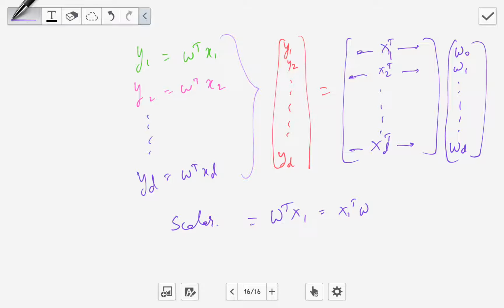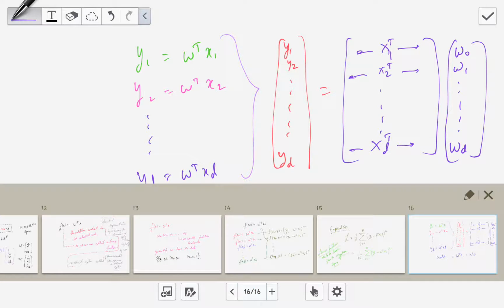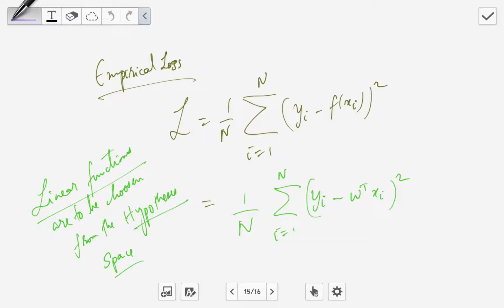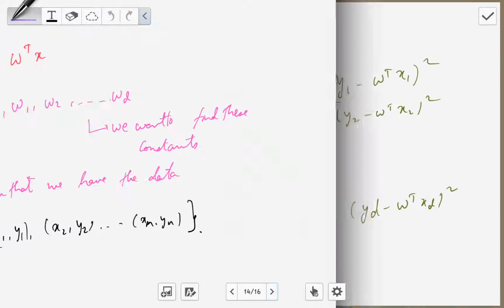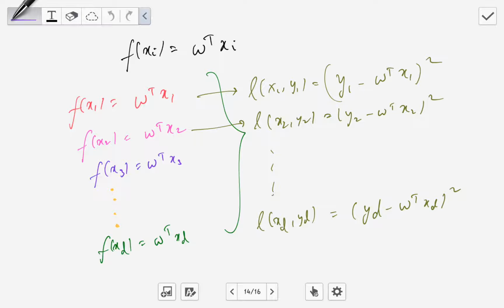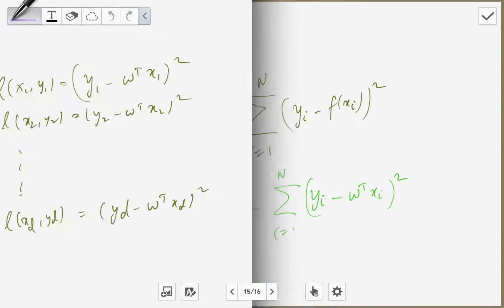Listen. Initially we took y1 as w transpose x1. Go to the previous slide, and further back. Just check, here f of x1 as w transpose xi, and again you are taking y1.